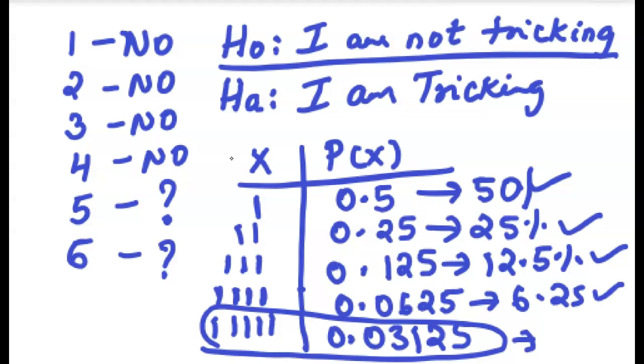But once the probability fell all the way down to 3.125%, that's when you started to have your doubt. When the probability of something happening is so low, you doubt if that really happens or not. Is that really random that she got six heads in a row? No, that's not what you're thinking. I doubt if she's tricking me.